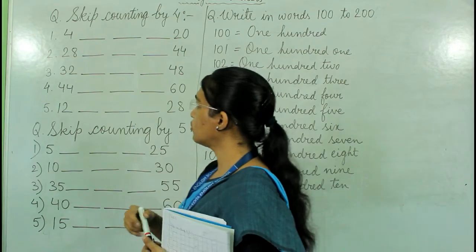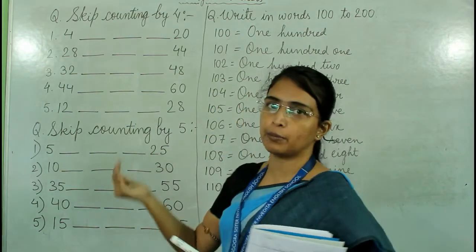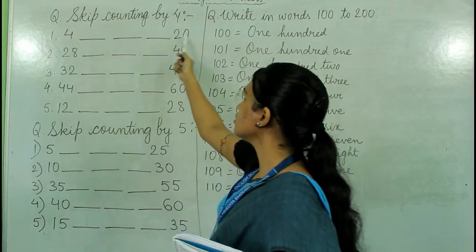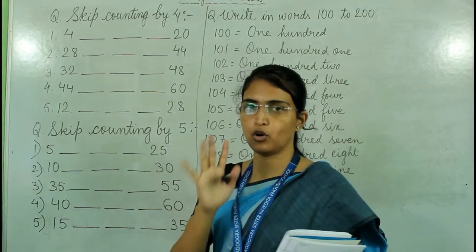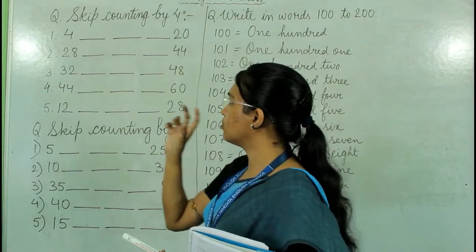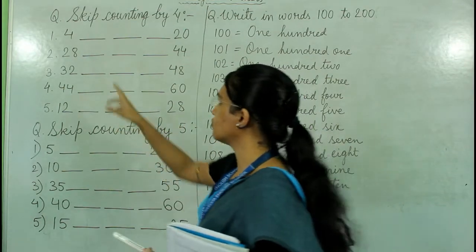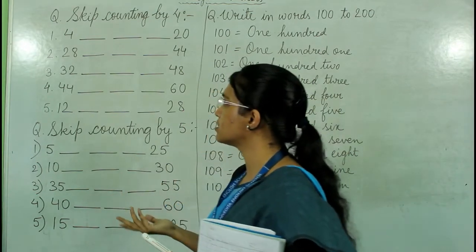So we have to skip 4 numbers. Okay. So our first question is 4 dash dash dash 20. So from 4 we will skip 4 numbers. Then the answer we get, we have to write here. So from 4, if you skip 4 numbers, what will be the answer?